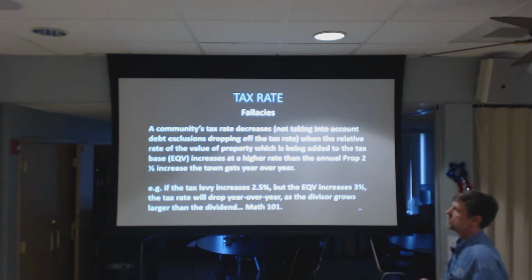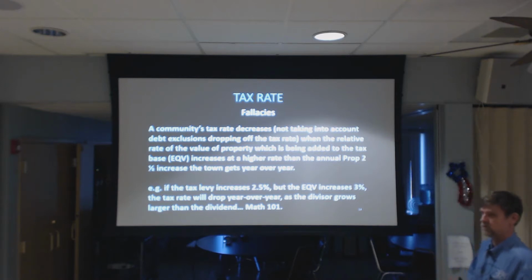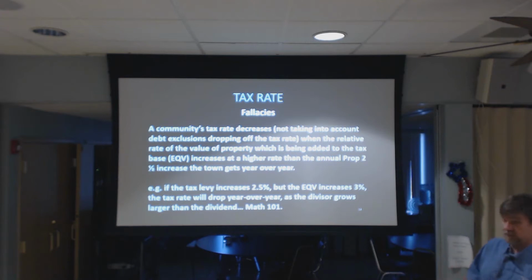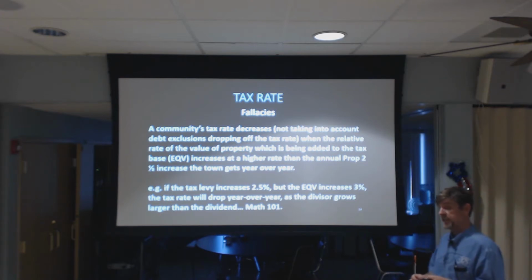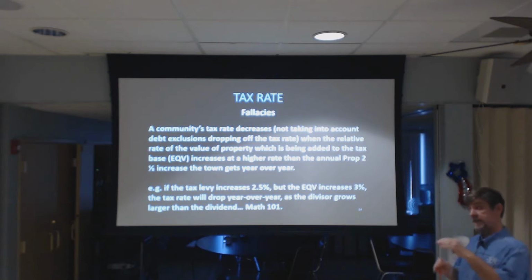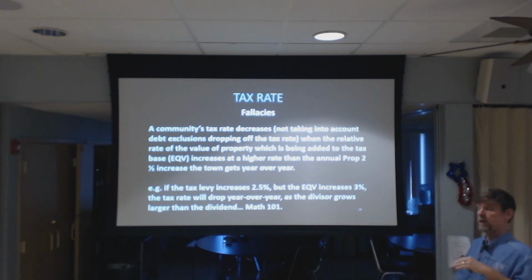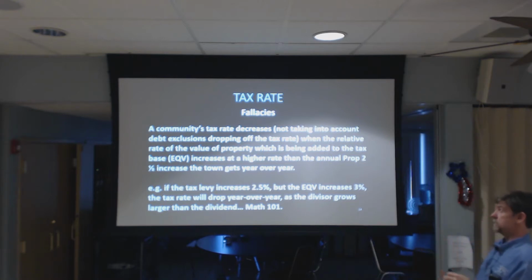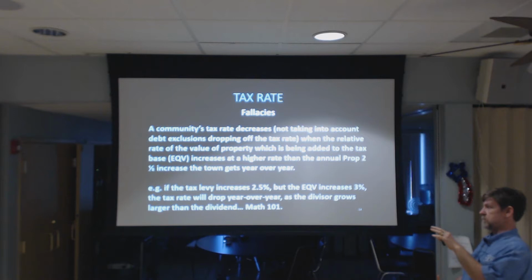Well, a community's tax rate decreases, not taking into account when debt exclusions fall off the tax bill, when the relative rate of the property being added to the tax base, the EQV, is increasing at a higher rate than the tax levy. So if the tax levy is only going up by 2.5% per year, but the tax base is going up by 3.5% per year, your divisor is going to grow at a larger rate than the dividend.